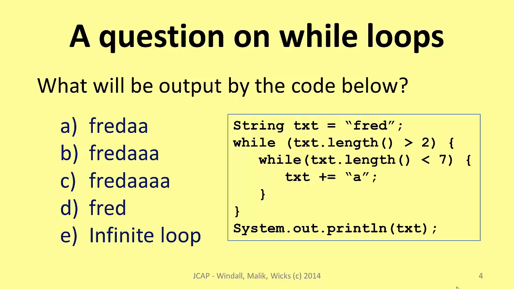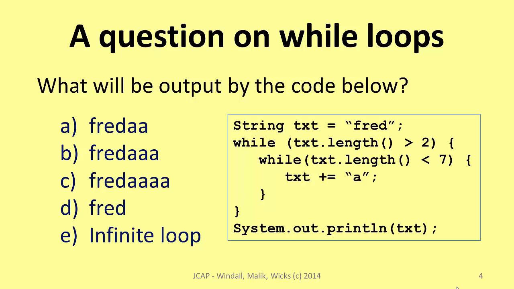Now it'll go round that loop again. txt's length is 5, so it'll add another a. So now we've got Fredaa. Then it'll go round the loop again because the length is only 6, and it'll add an a again. So txt plus equals a will give Fredaaa.